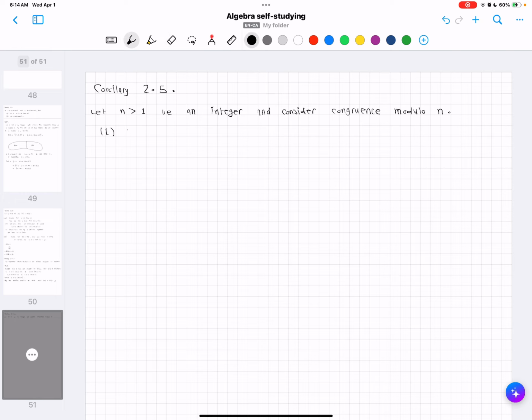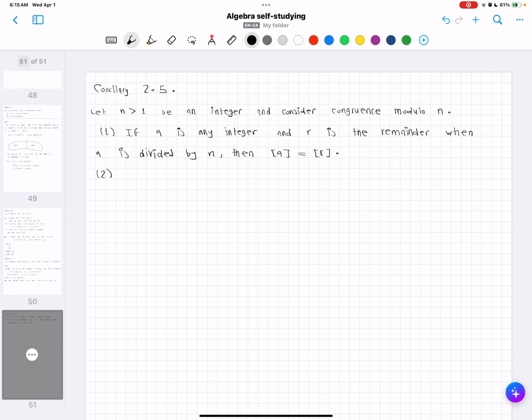Then if a is any integer and r is the remainder when a is divided by n, then the class of a is equal to the class of r.